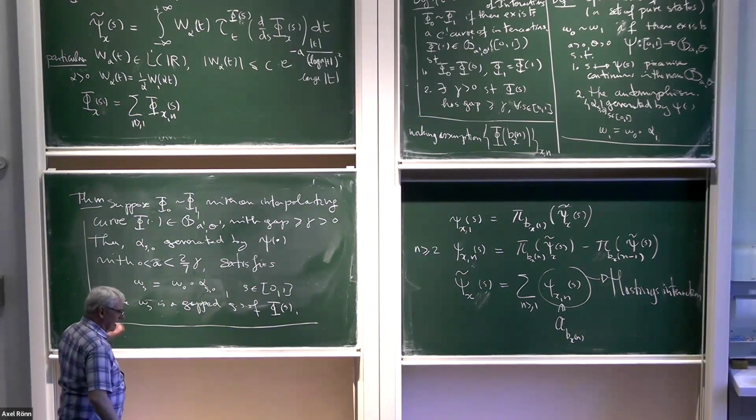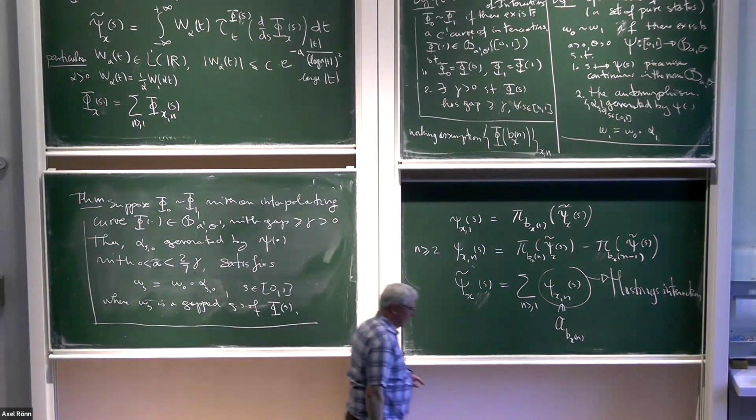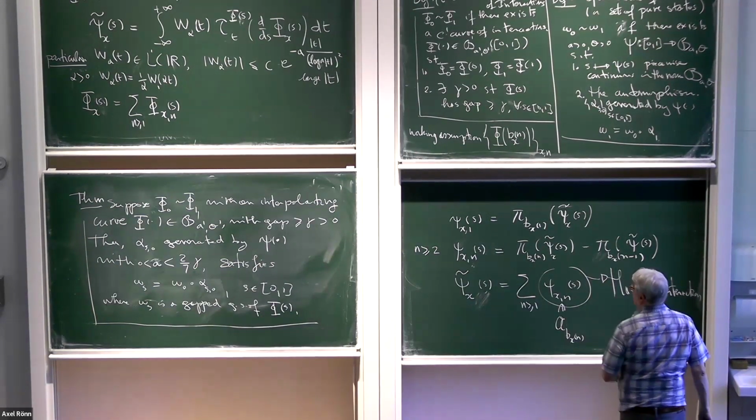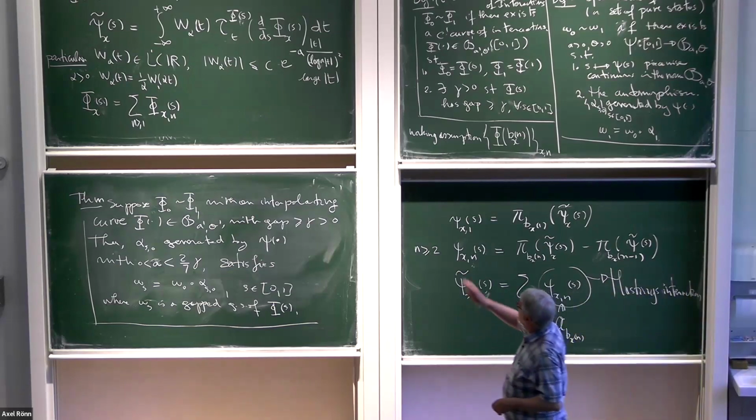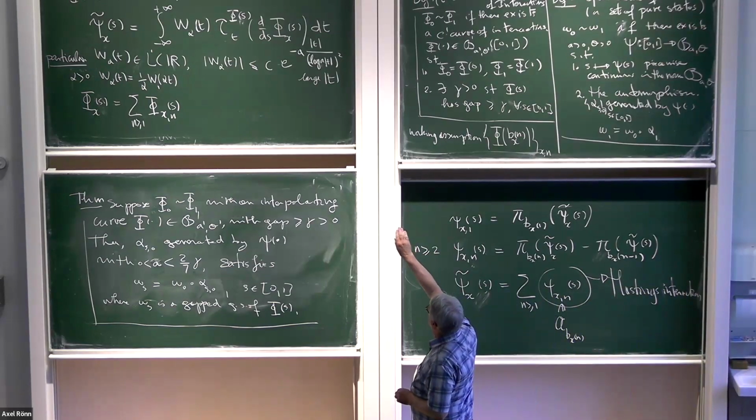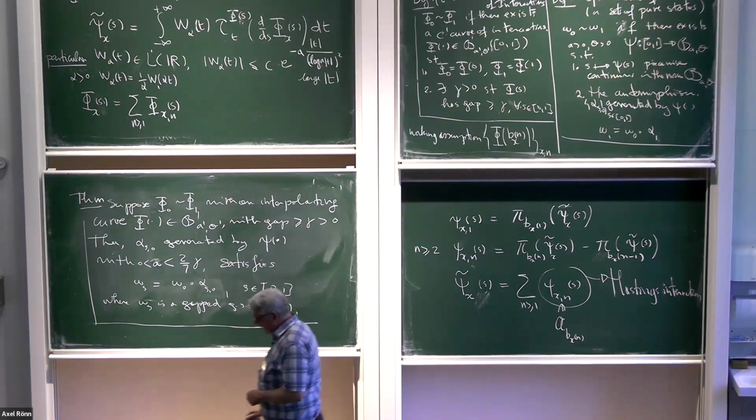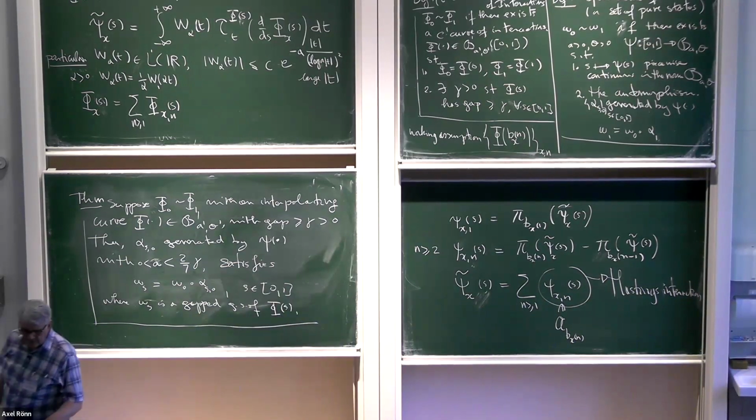So what's the role of this parameter? It guarantees that the interaction that is generated there will adiabatically follow the ground state that is separated by a gap from the rest of the spectrum.